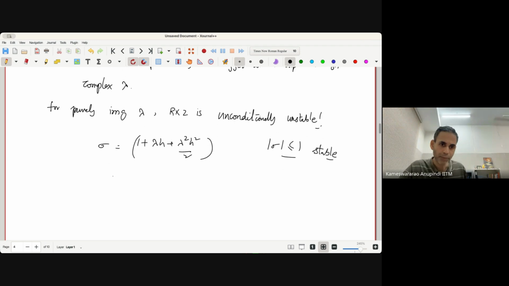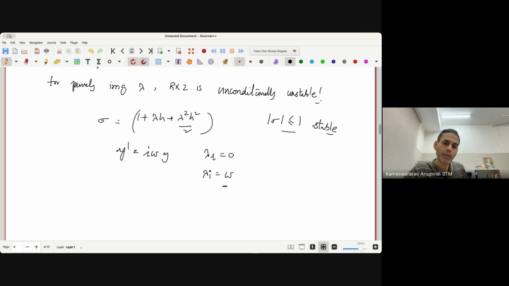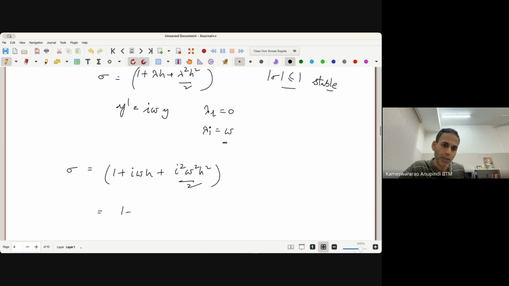But if I have purely imaginary lambda, then my y prime equals I omega y, in which case lambda r equals 0 and lambda I equals omega. Substituting, sigma is 1 plus I omega h plus I square omega square h square by 2, which is 1 plus I omega h minus omega square h square by 2.